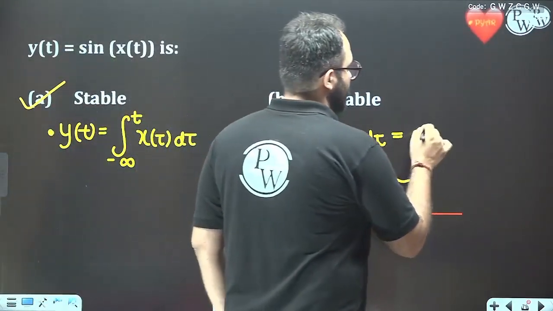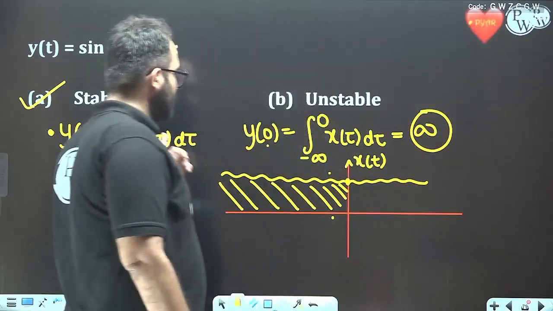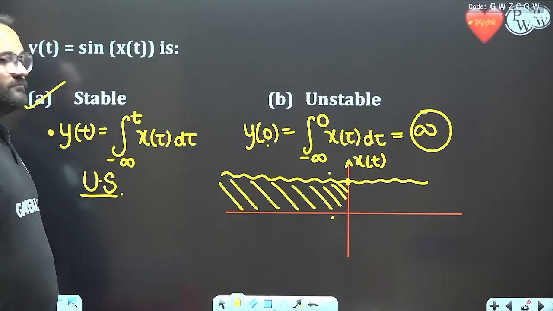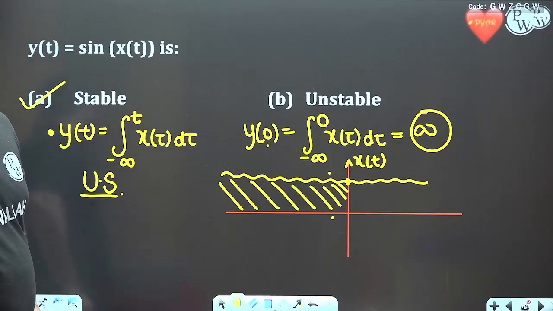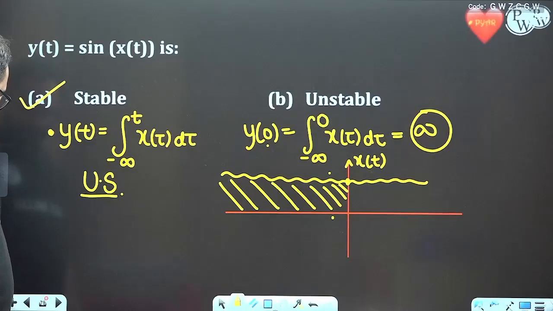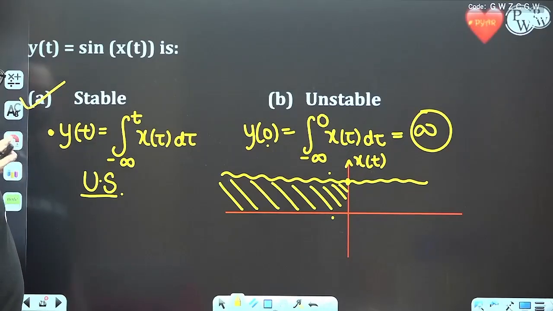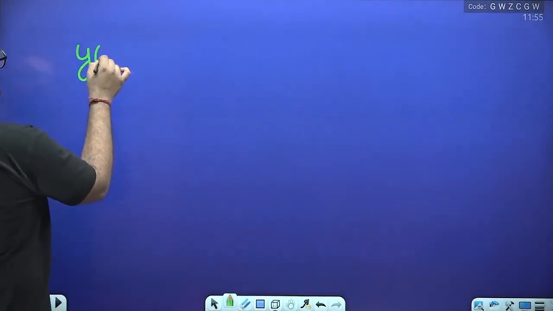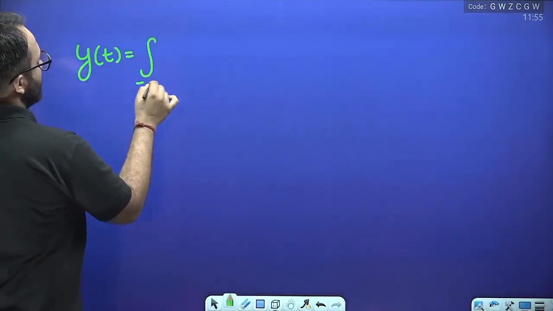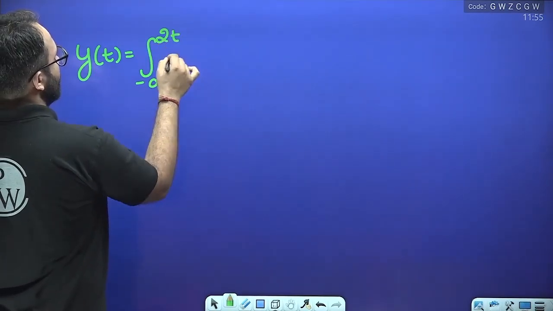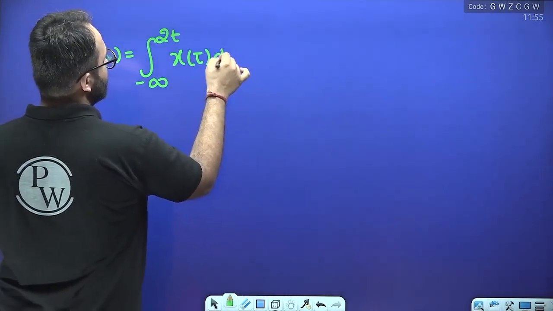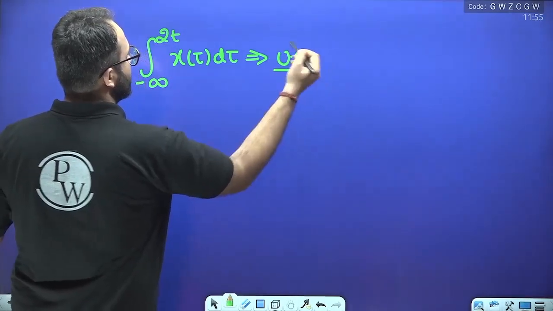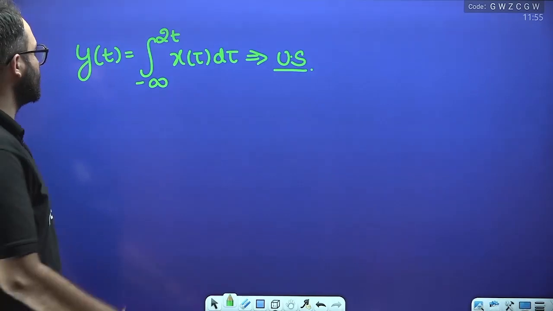So this will become infinity and thus this system will be unstable. One more example on this. Suppose y(t) is equal to the integral from minus infinity to 2t of x(τ) dτ. The same explanation applies. This is also an unstable system, or not a BIBO stable system.